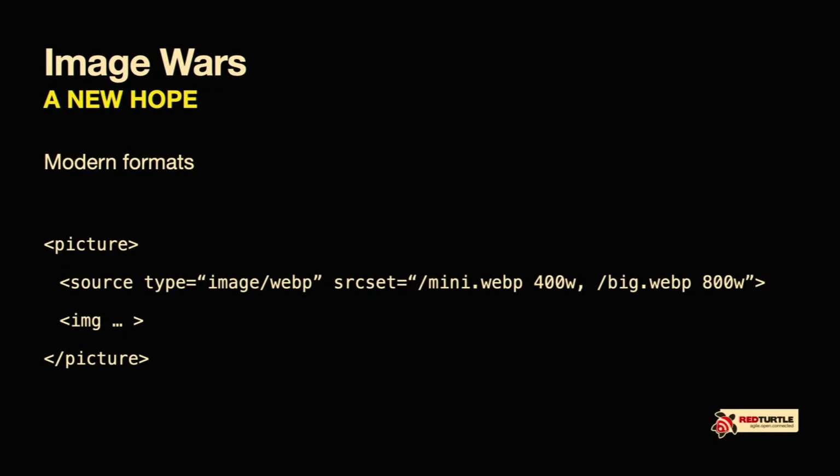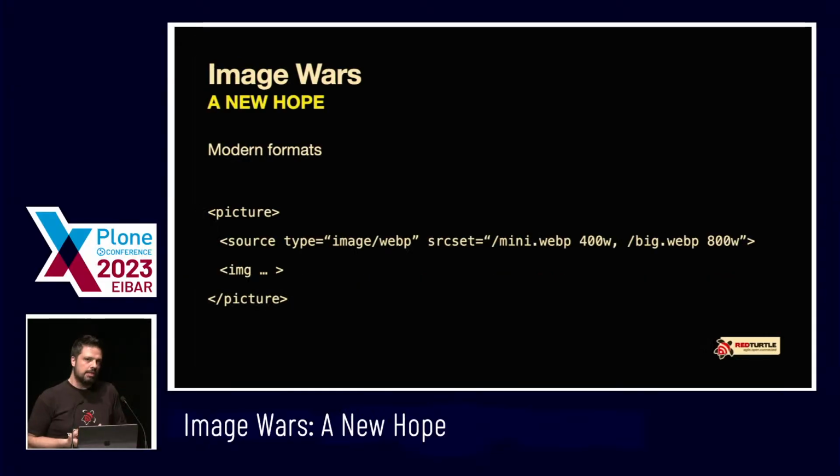You add a picture tag, you add a source tag with an extra source set, and you specify the type, so the image format for that one. In this situation, the browser will see if it can use WebP. If the browser can, it will use that source set. If it can't, it will use the image tag.